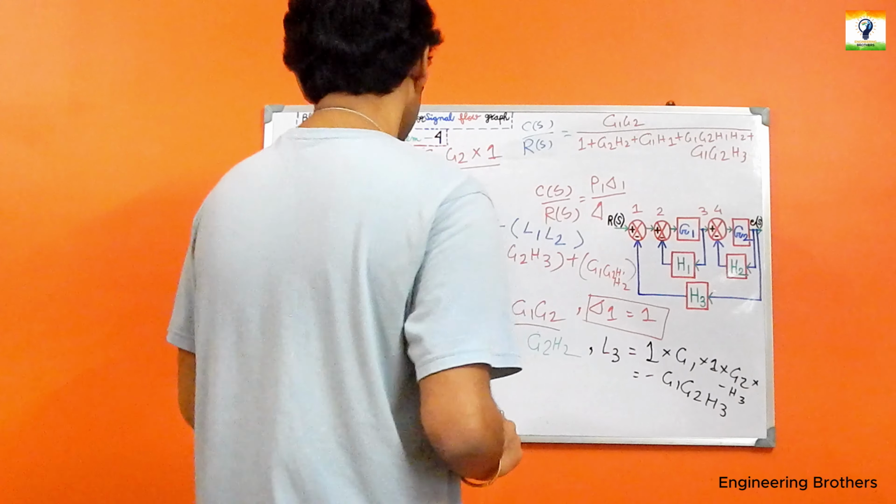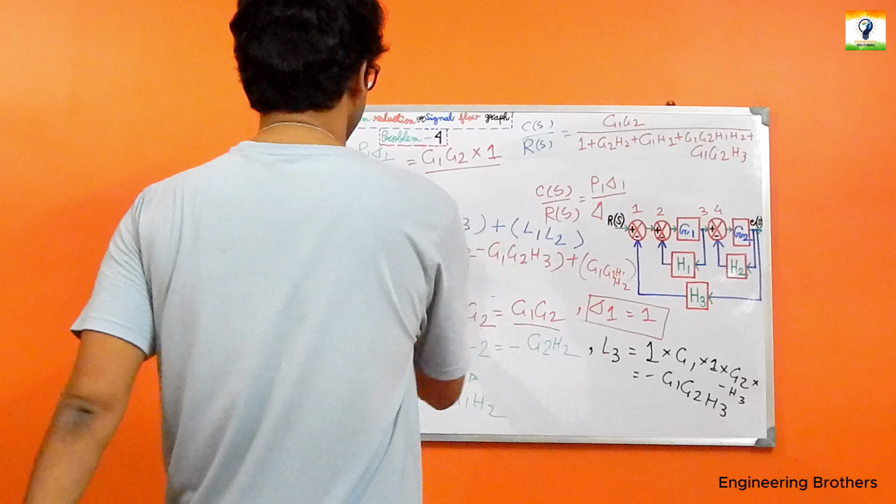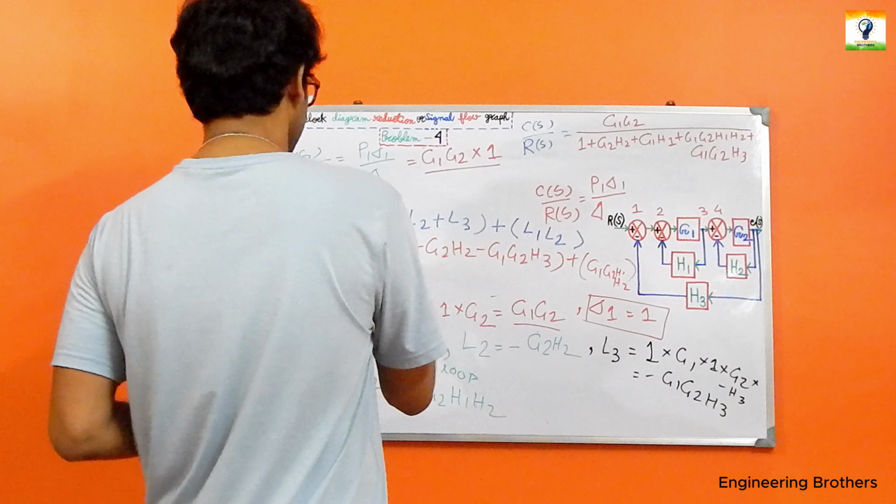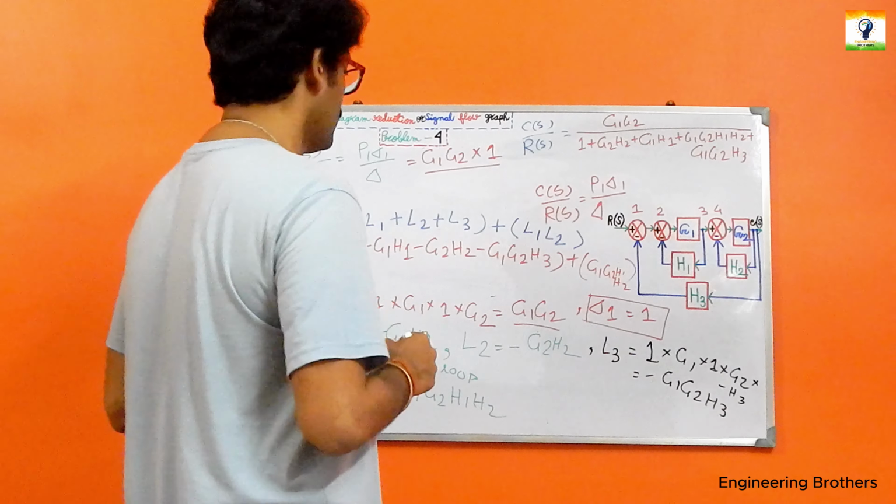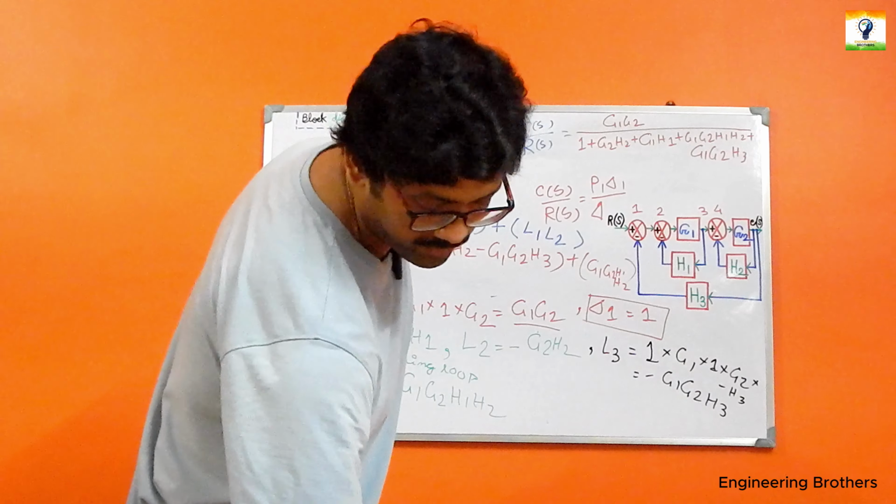Now if you take the common minus in our given loops, this will become plus and all the rest of the expression will become plus.